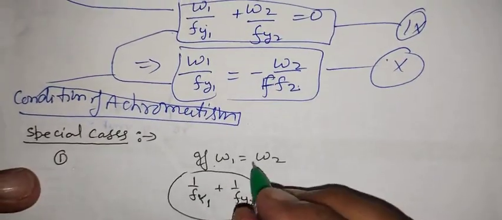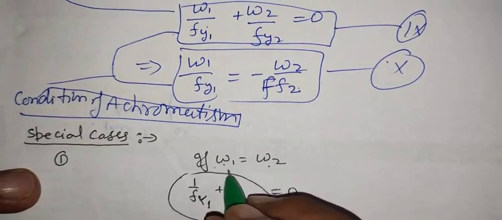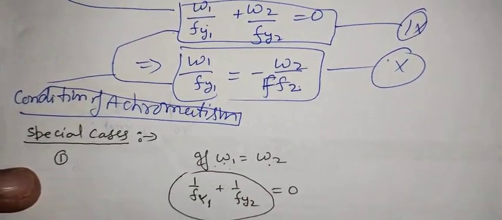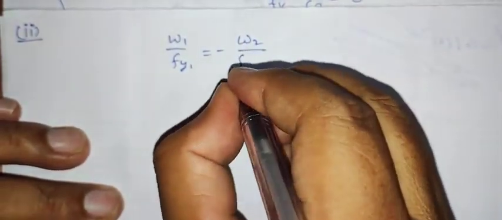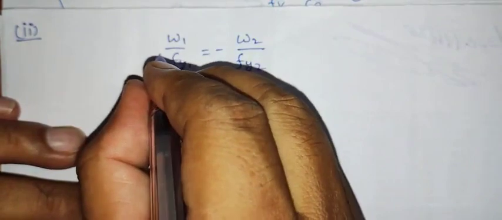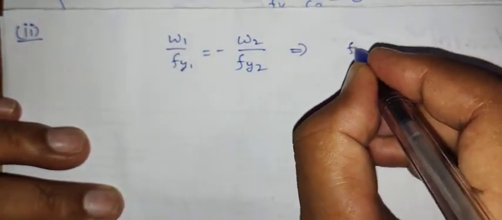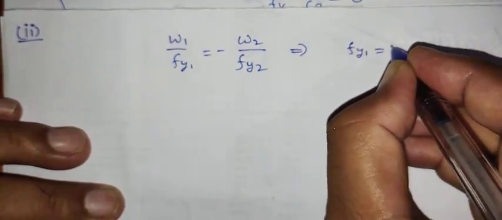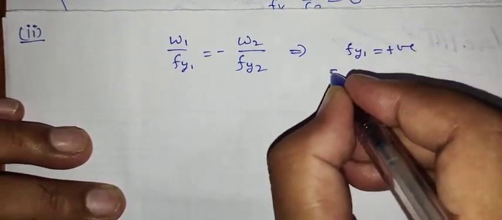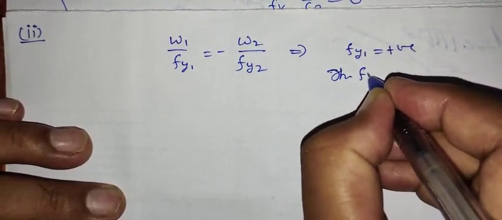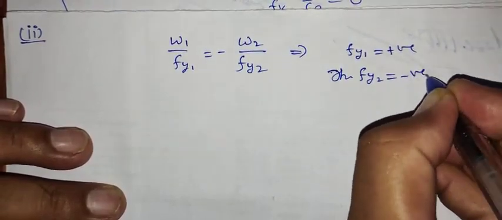By this, omega 1 and omega 2, their dispersive powers, may be different. The condition of achromatism is omega 1 upon fy1 is equal to minus omega 2 by fy2. This implies that if fy1 is positive, then fy2 must be negative.